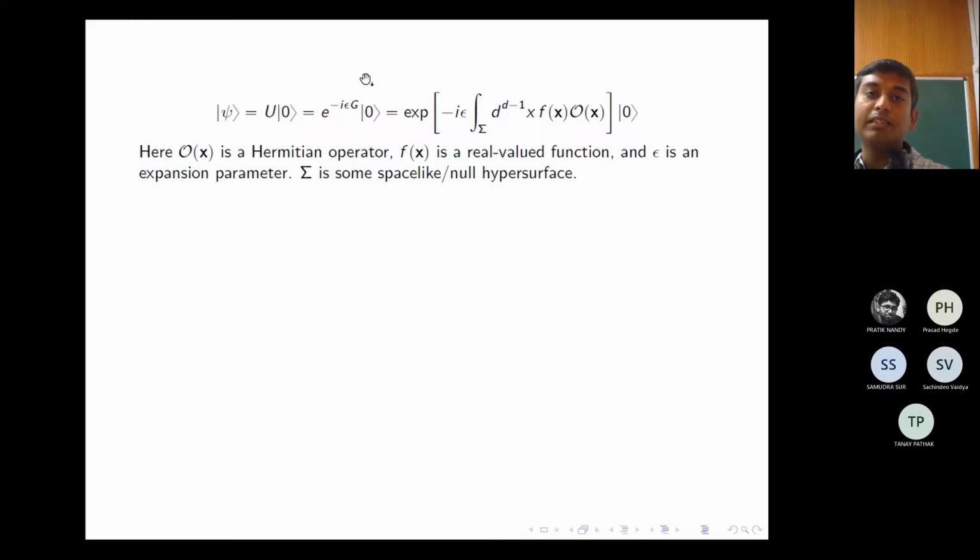The unitary operator looks like this, where G is some Hermitian operator given by some Hermitian operator O of X integrated over some Cauchy slice, or in this case, we'll take some spacelike or null hypersurface. I will have some pictures in a moment, but basically, the situation will be that I have, let's say, some t equal to 0 slice here, this is the x direction, and you have some region here.